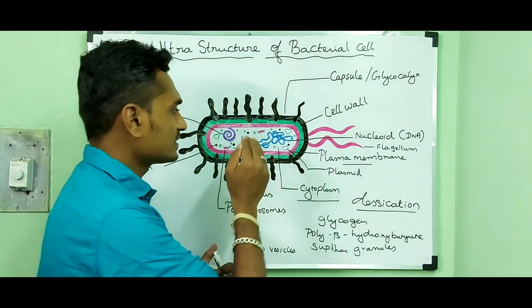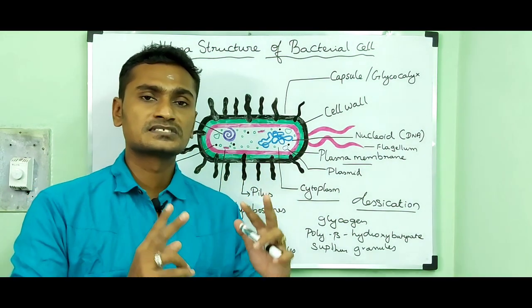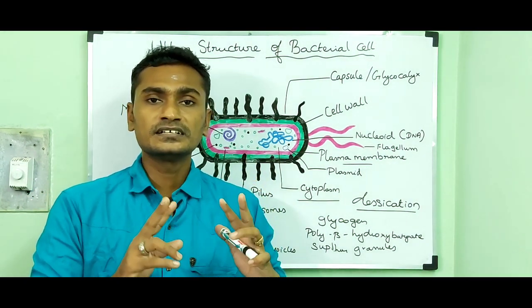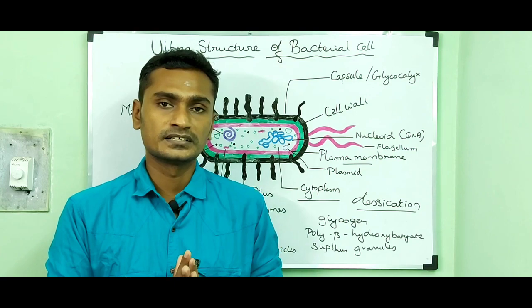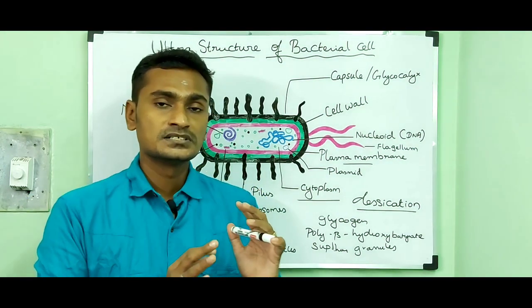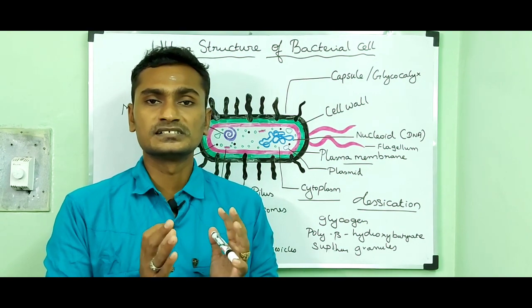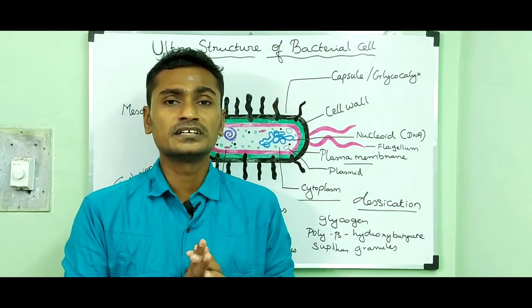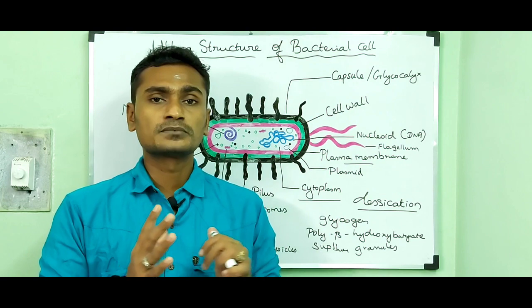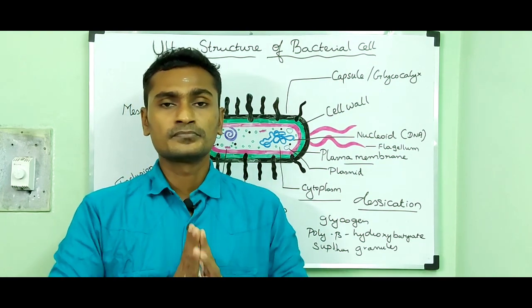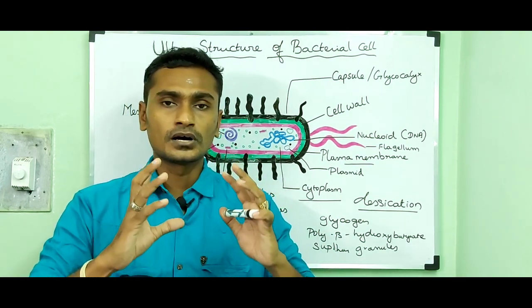The bacterial chromosome is single-stranded circular DNA which does not possess a nuclear membrane or membrane-bound organelles.